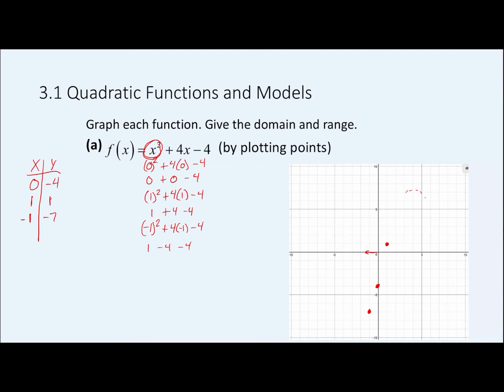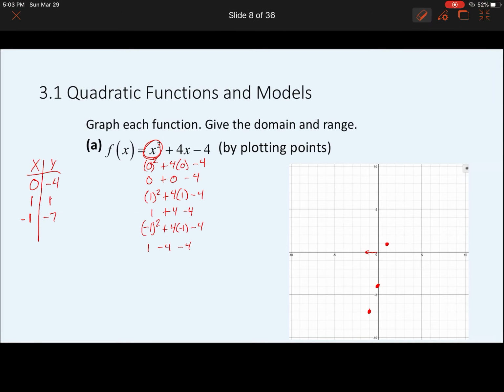If it does ever go down and our curve takes place, well then we know we've got the wrong graph, because this positive x squared over here tells us it should open up. So what hopefully is going to happen is this parabola shape is going to open up as we move further to our left.